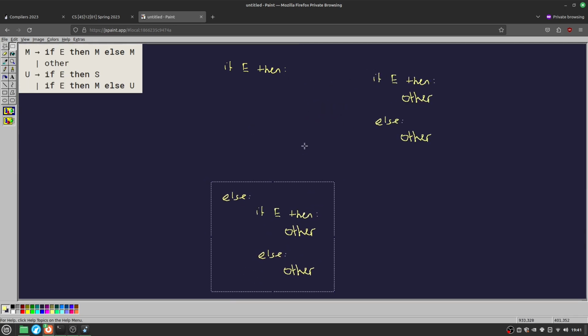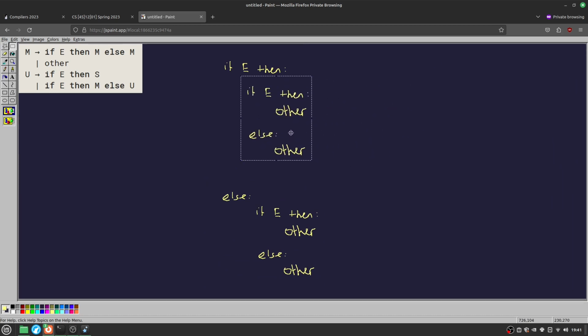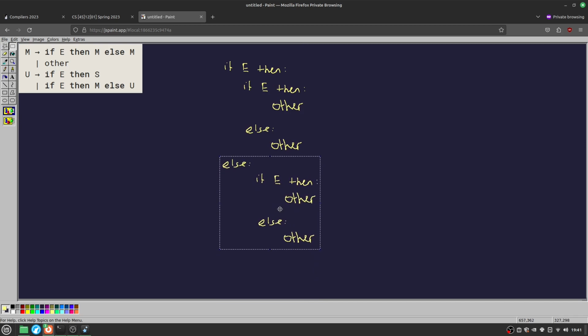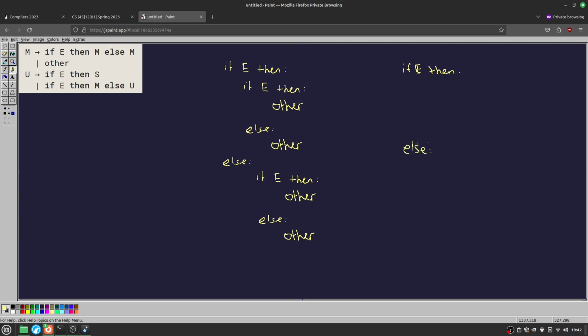It's not far enough. Makes sense? So U looks like if E then M else itself.